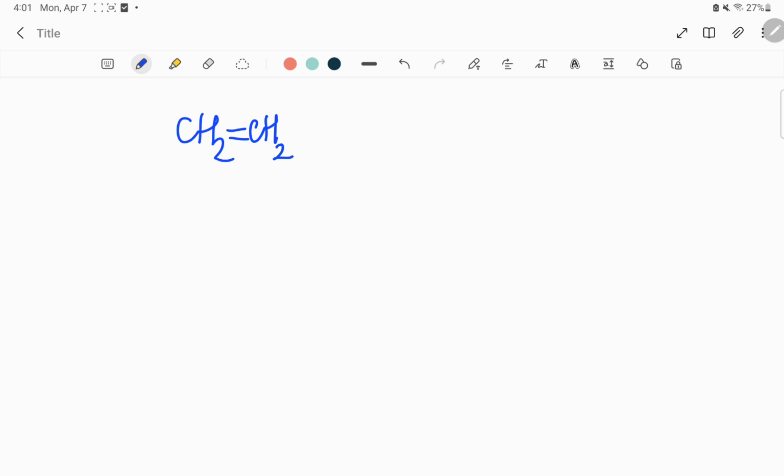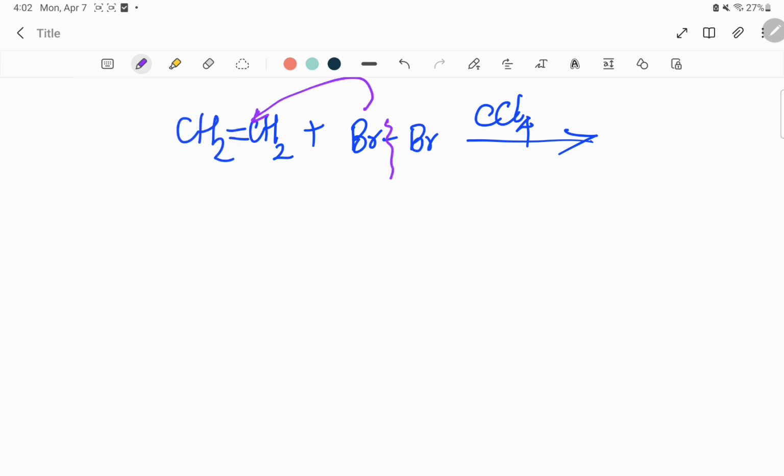If I take ethene and add bromine in the presence of carbon tetrachloride, one of the bromines will go to the first carbon and the other bromine will go to the second carbon, and the pi bond in the double bond will be broken.